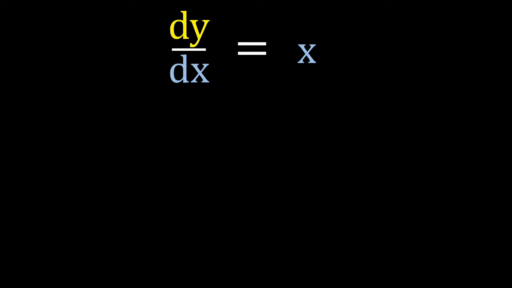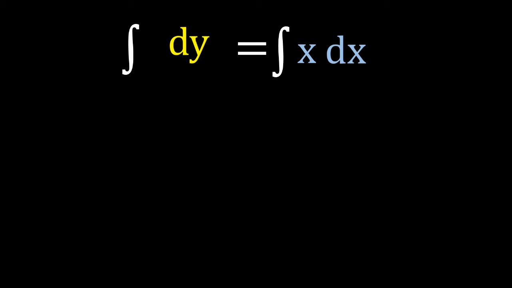Now here's the part you've been advised against doing. Let's move the dx to the other side to give us the equation dy is equal to x dx. Now, let's integrate both sides to get the integral of dy is equal to the integral of x dx. Of course, the right-hand side is something we've seen plenty of times, and we know that that's just x squared over 2.